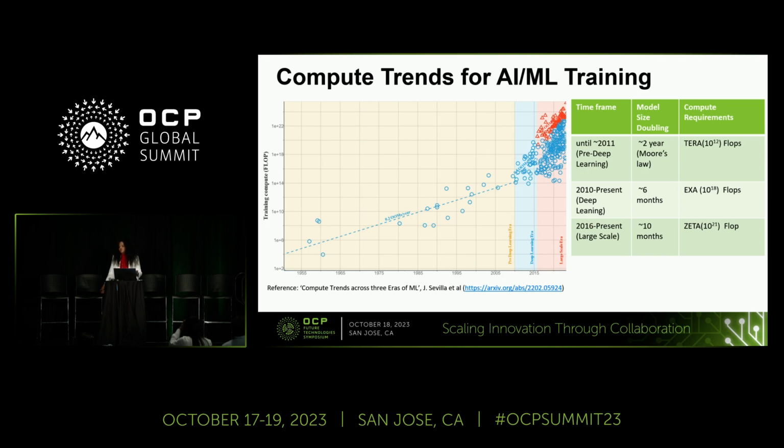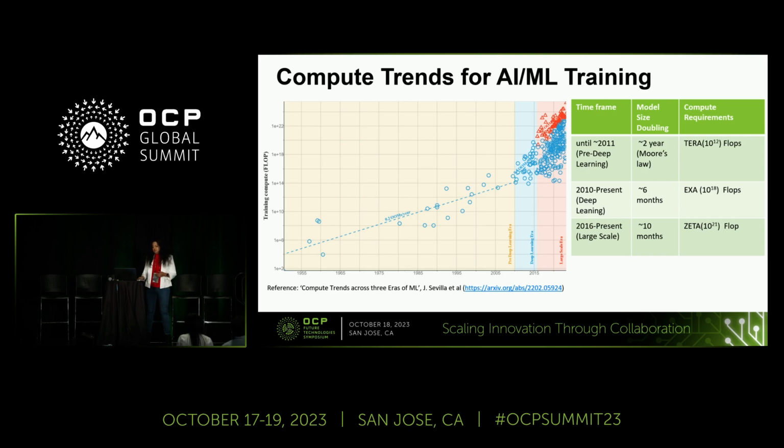The second stage, the deep learning stage, started around 2010. It's still continuing today. The models have been doubling at a much faster rate, about once every 6 months. That's about 4x Moore's law, and the compute capabilities have reached about an exaflop. And lastly, we have the large-scale era, the age of the LLMs, which started around 2016.